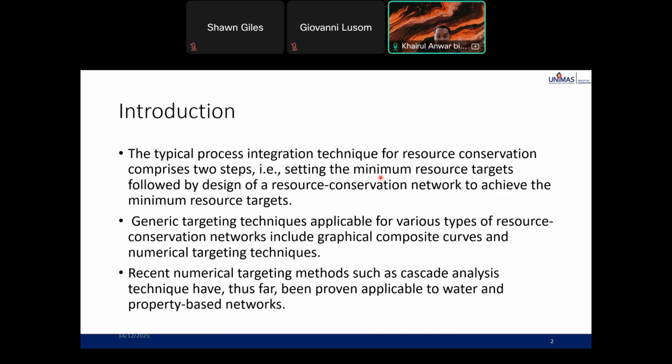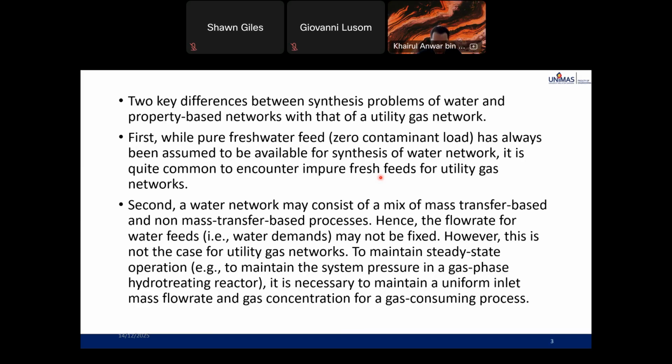Resource conservation network includes graphical targeting such as composite curves, or numerical targeting techniques. Recent numerical targeting methods such as cascade analysis technique have been proven applicable. Two key differences from the water problem.